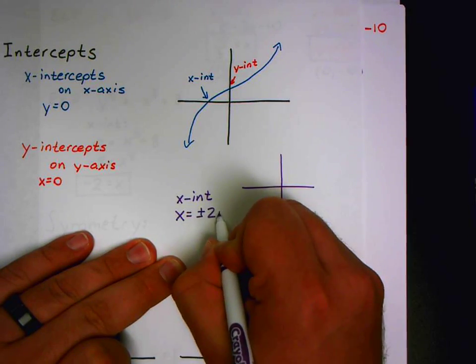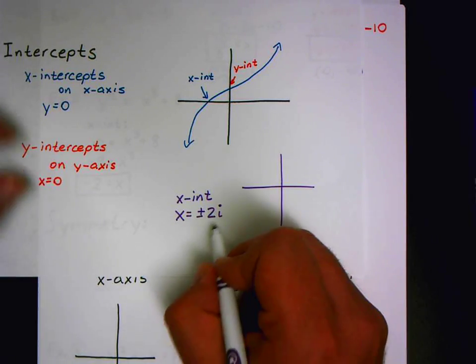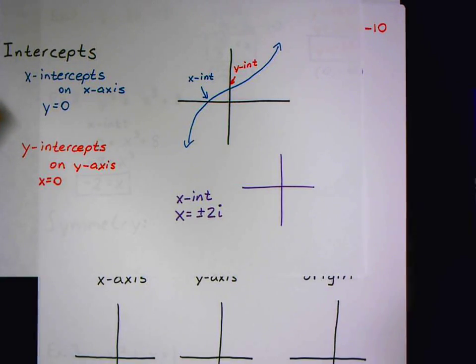Where am I going to plot that? No, because then they would be 2 and -2. Where are imaginary numbers on your graph? They don't exist on your graph, right?